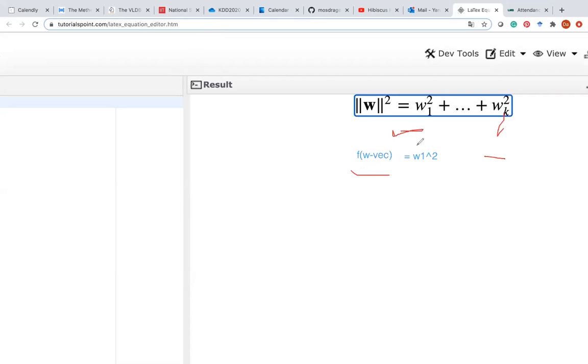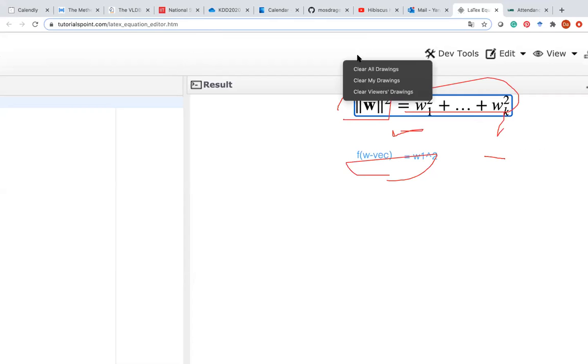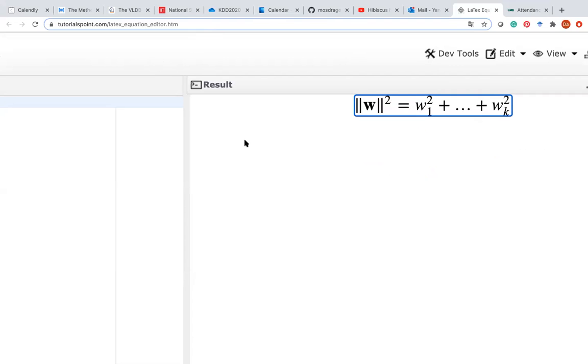Each of them obviously is convex. If you take the second derivative, it's just 2. And the summation of convex functions is still convex. So the norm is always convex. Keep in mind, any norm is convex. This is how you define a norm. The magnitude, the norm, is always convex.